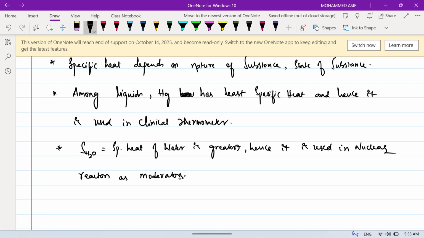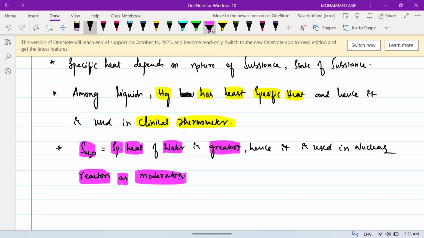Very important point. So which liquid has the least specific heat? Among all the liquids, mercury, so it is used in the clinical thermometer. The next one is specific heat of water is greatest, and hence it is used in nuclear reactors as moderators.